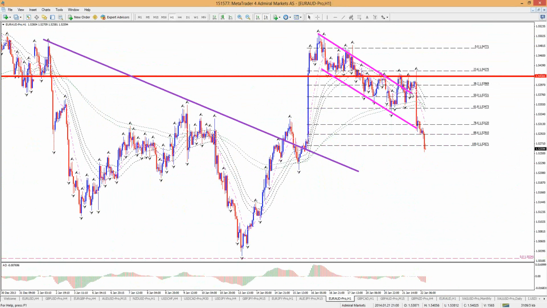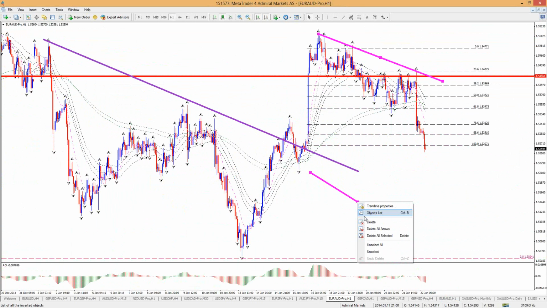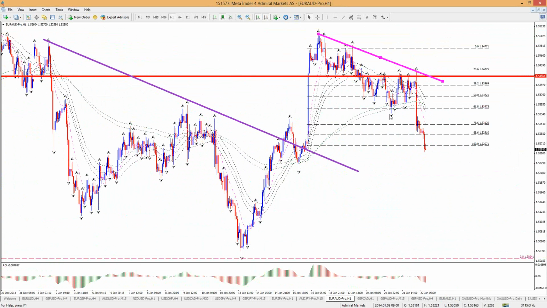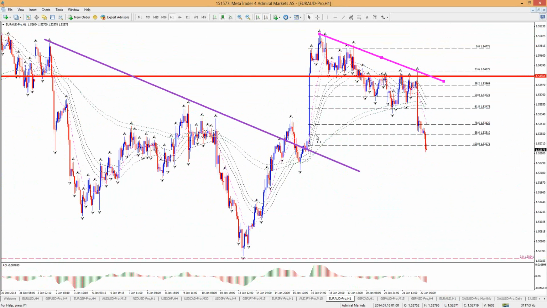Euro odd. Let's see. We are looking at a downside at the moment. We're breaking this fib as we speak.